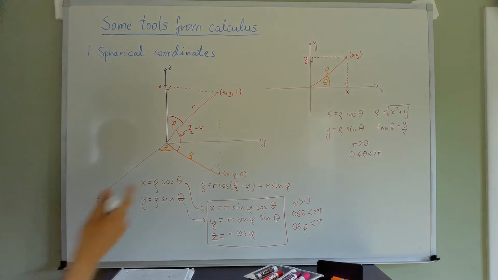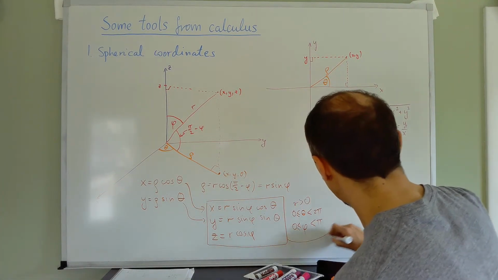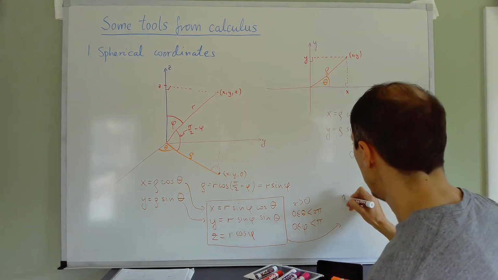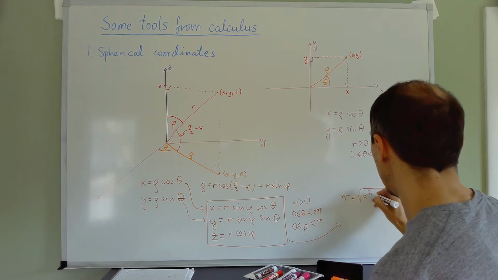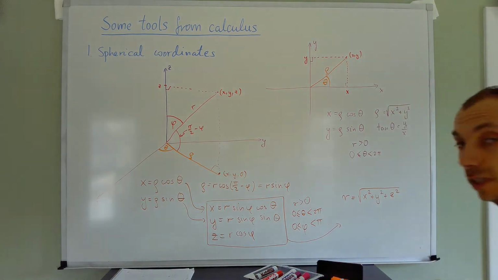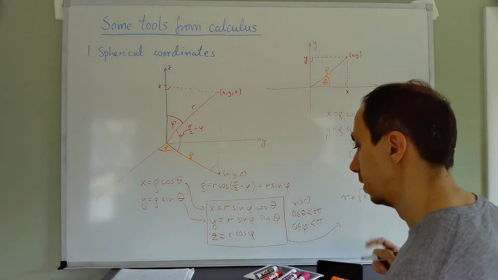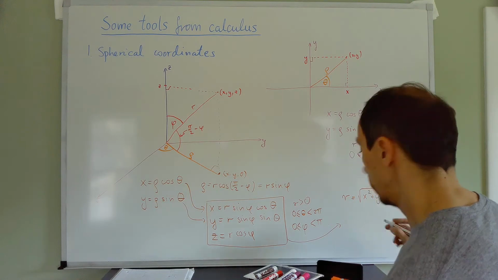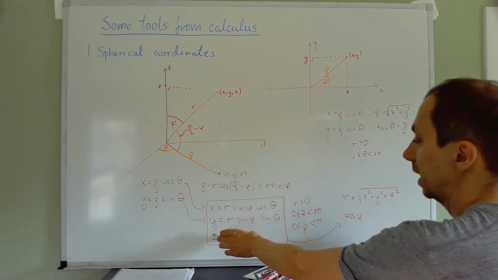You can also write, and I leave this to you, the equations backwards. So r is easy because r is just the distance from the origin. That's just the square root of x squared plus y squared plus z squared. We're actually going to talk about the distance in a moment. As for all the others, cosine of phi, you just get this from this formula.